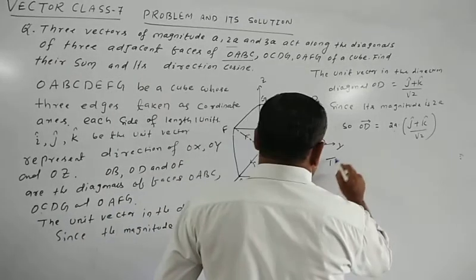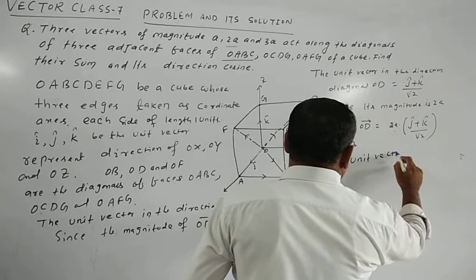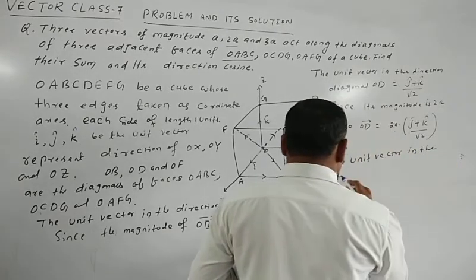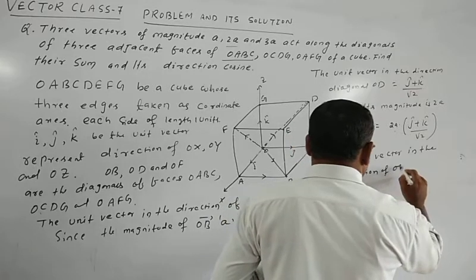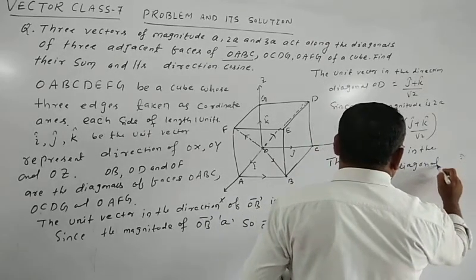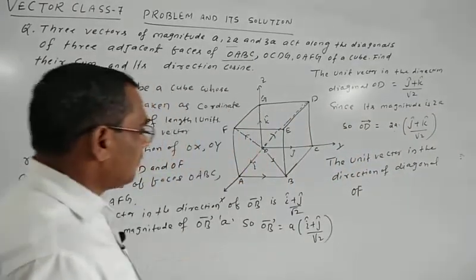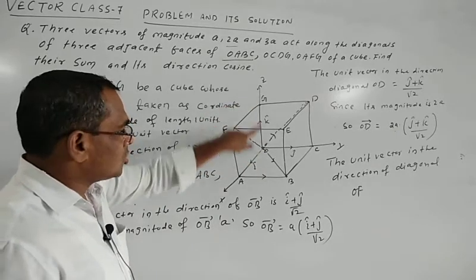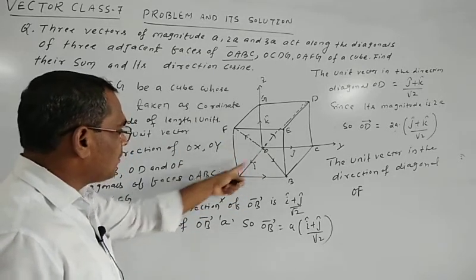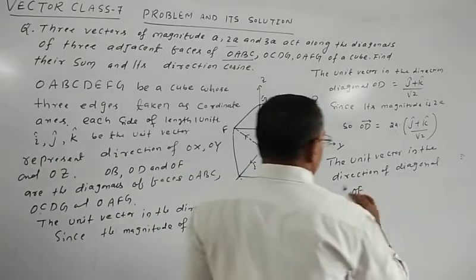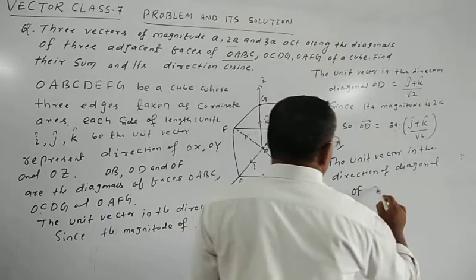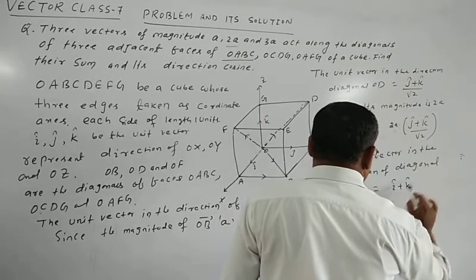So the unit vector in the direction of diagonal OF is equal to (i cap plus k cap) by root 2.